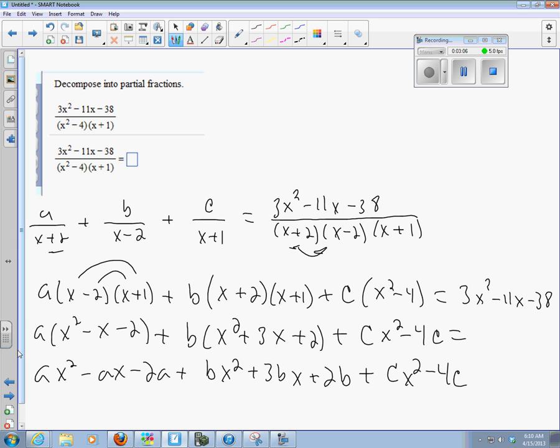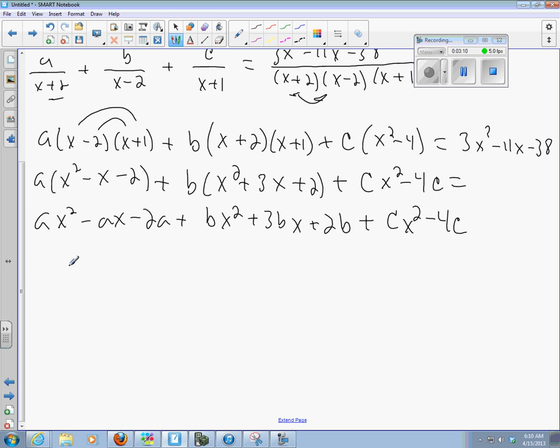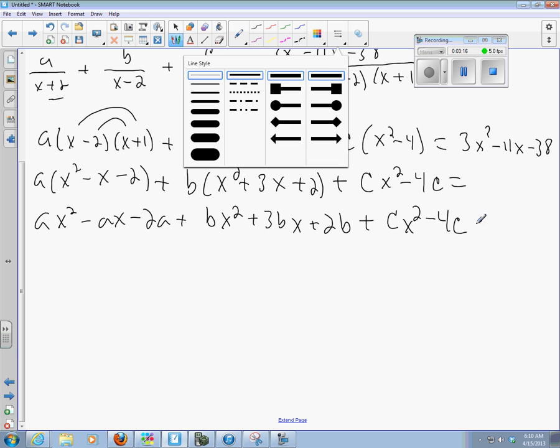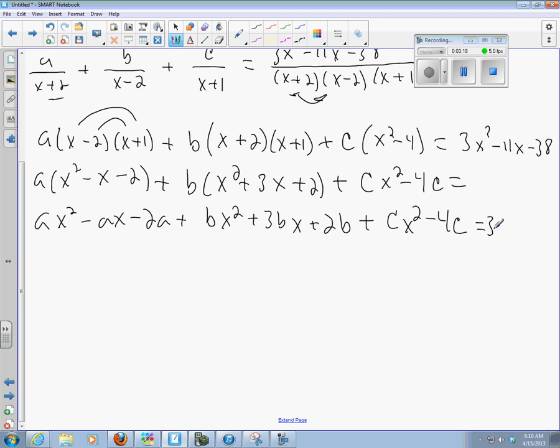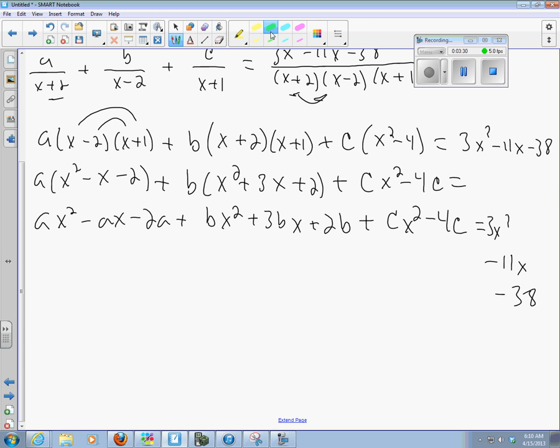Okay, so we've got that far, and I'm not writing the right-hand side yet. So now I'm going to combine my like terms here. Let me just do it this way for you. So 3x squared, and I'm going to try to write this going down because I'm not going to have room on the edge of my screen. Remember, I'm trying to break this out into a system of equations.